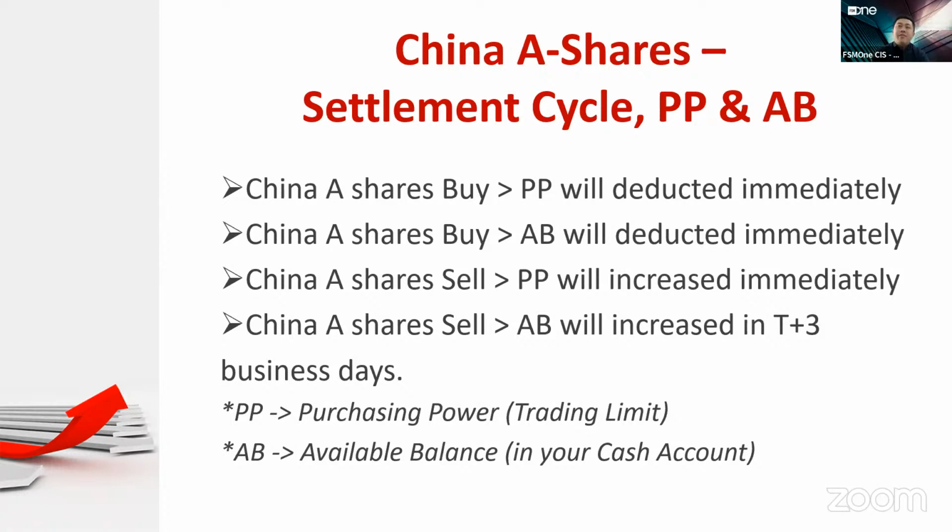You do not need to wait for the settlement, meaning you do not wait for the money to come into your cash account before you can place an order for another share. So PP, the trading limit, will increase immediately.